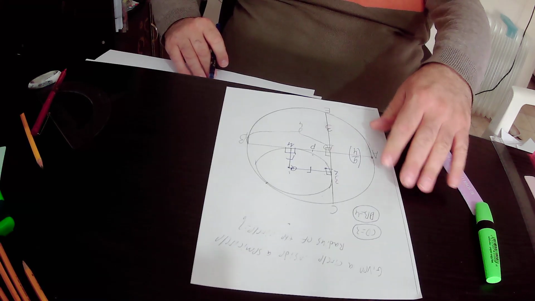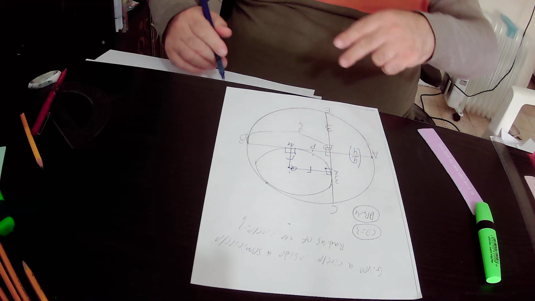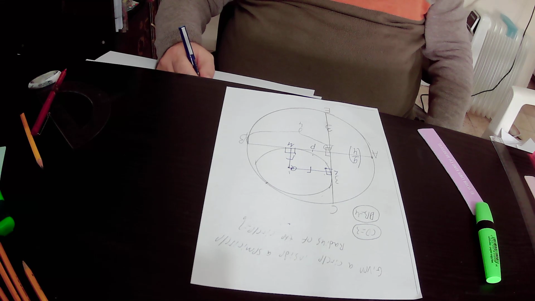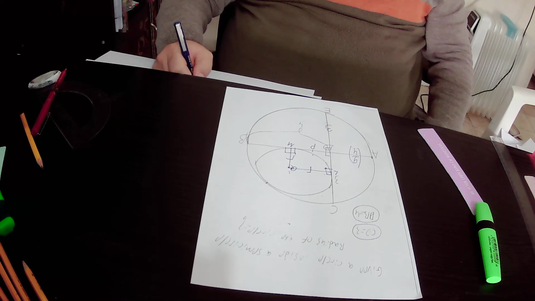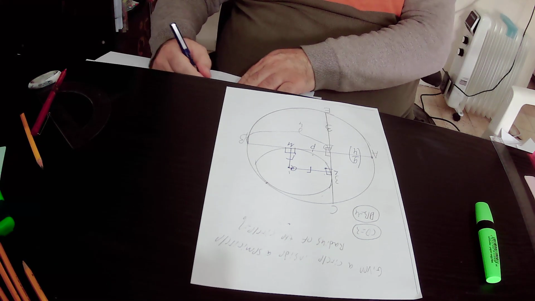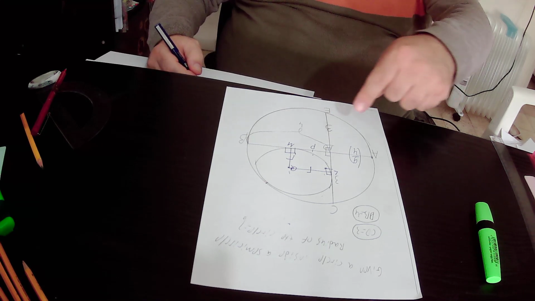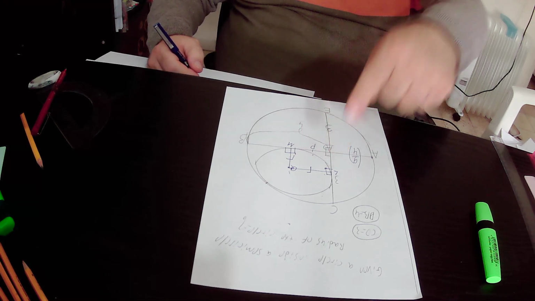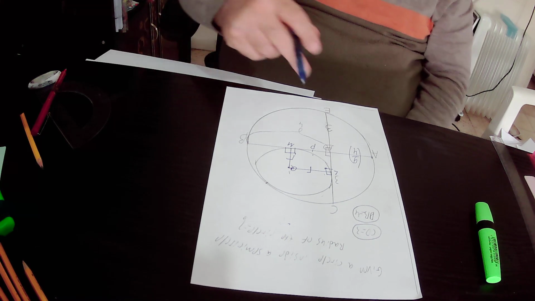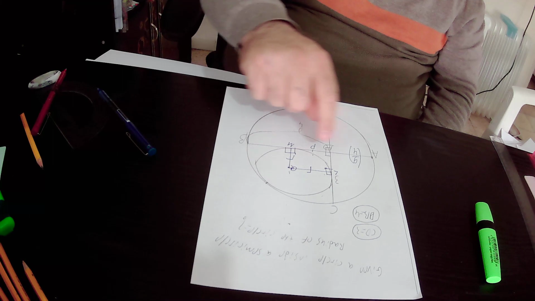So we will focus on quadrilateral LQDM. In this quadrilateral LQDM, we have 1, 2, 3 right angles.